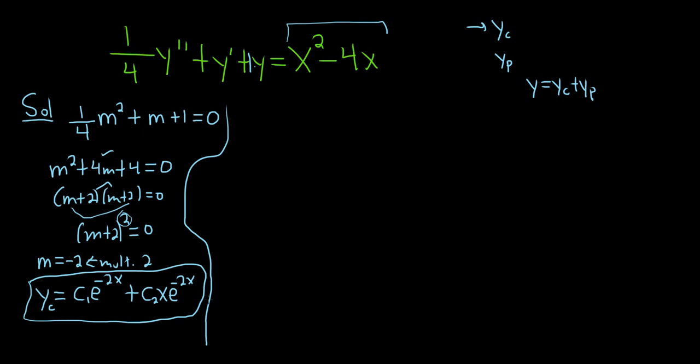Now we have to find yp. Before we find yp, we find what's called the form of yp. So let's focus on that next. I like to do this in a two-step process: I like to make an initial guess and then a modified guess if necessary.